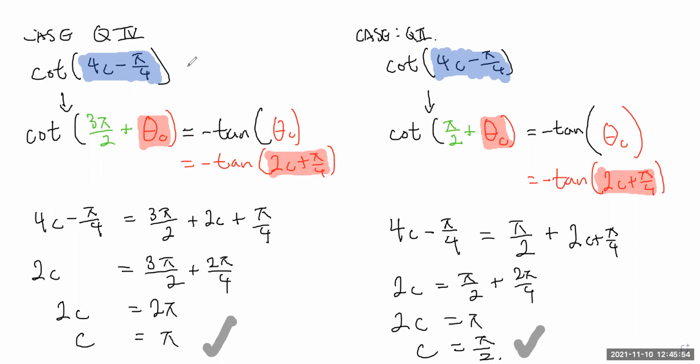I'm going to, you know what? You've got me curious. I'm going to try it. What is cotangent 4 pi minus pi over 4? And what is tangent of 2 pi plus pi over 4? I'm going to check that on the calculator, see if I get the same answer.